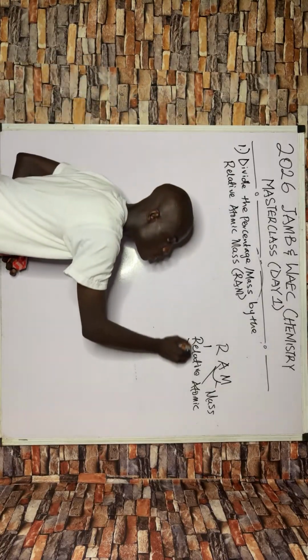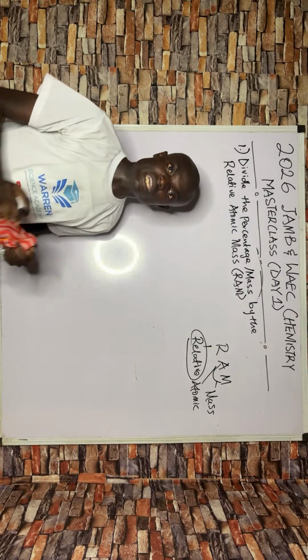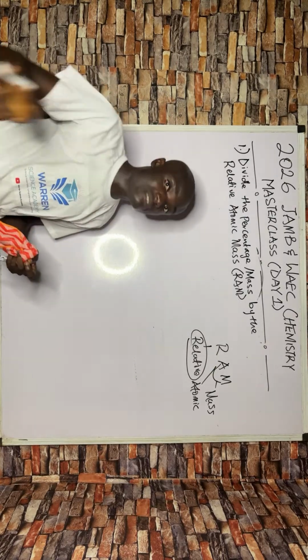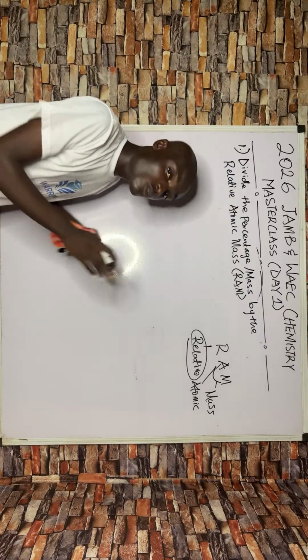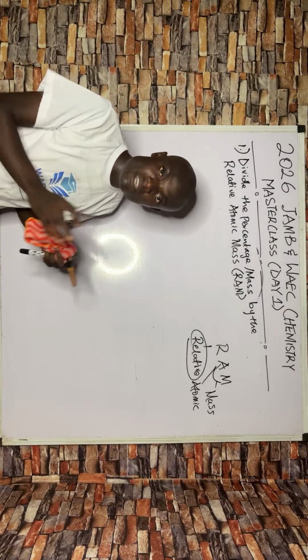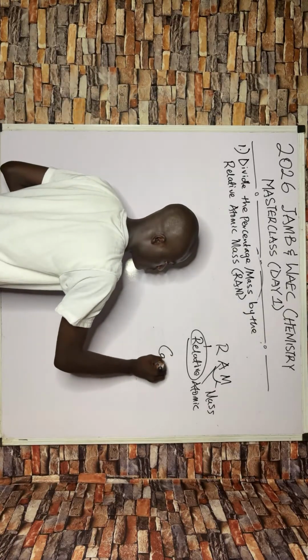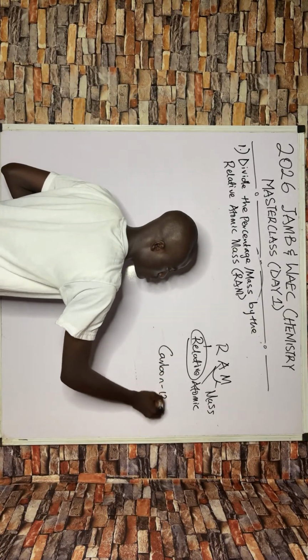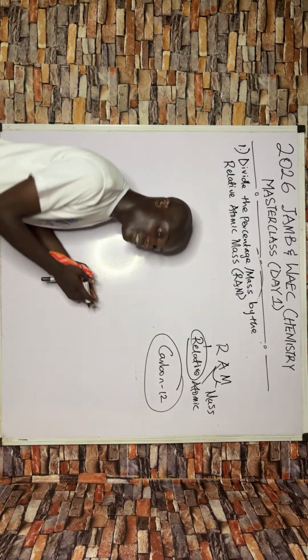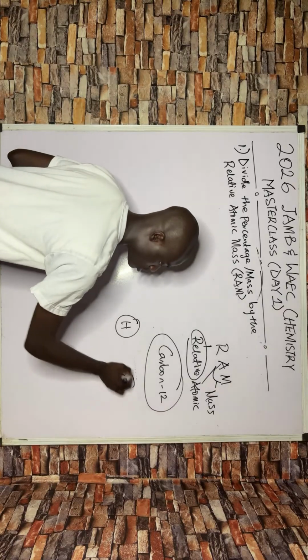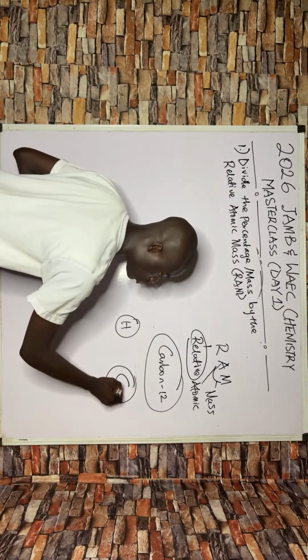Now whenever you have the word relative anywhere in chemistry and physics, relative means comparing that thing with something else. So the relative atomic mass is just the mass of any element when we compare it with carbon-12. So let's say we have an atom, let's say hydrogen, and then we have carbon, but it's a form of carbon which is called carbon-12.